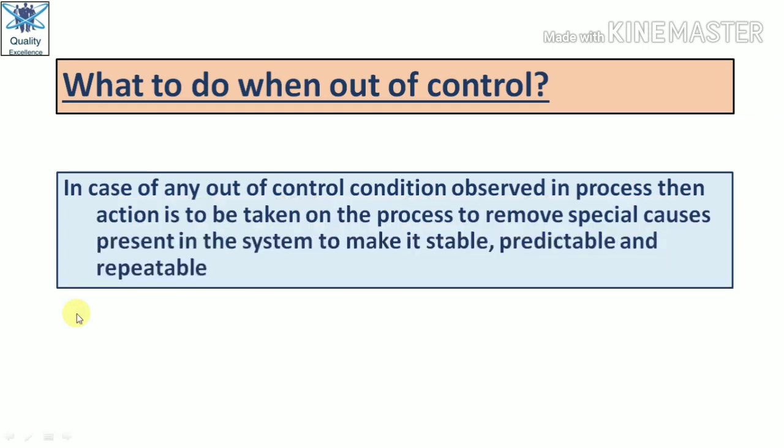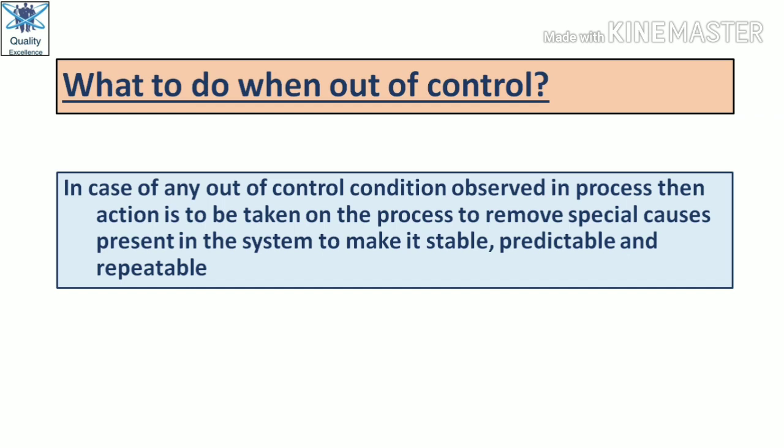Now what to do when the process is out of control? In case of any out of control condition observed in the process, action is to be taken on the process to remove special causes present in the system to make it stable, predictable and repeatable.